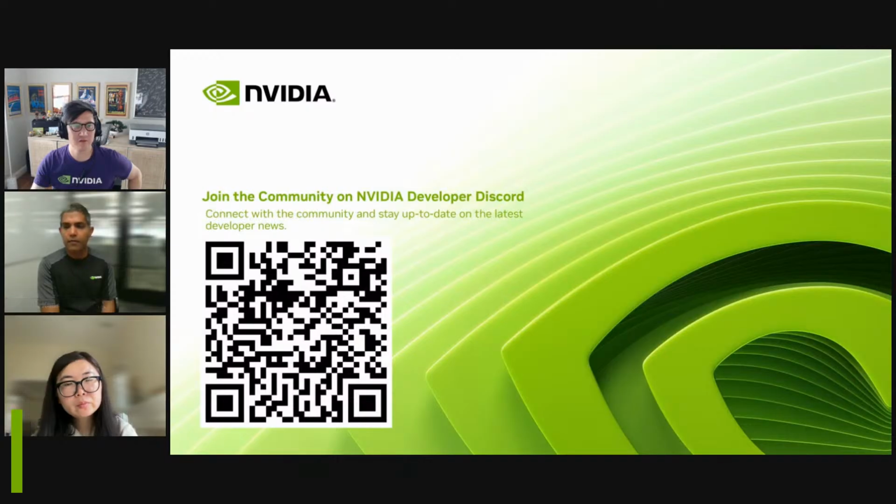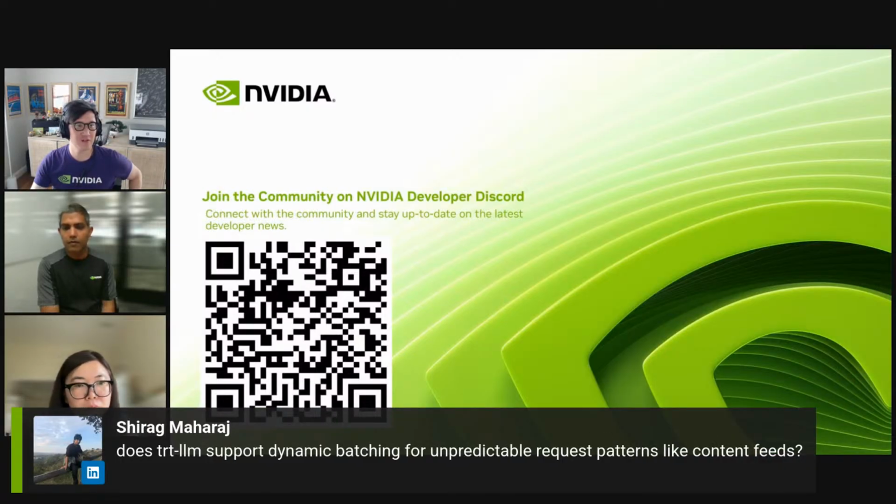So we have a question here. Does TRT-LLM support dynamic batching for unpredictable request patterns like content feeds? We have in-flight batching support.